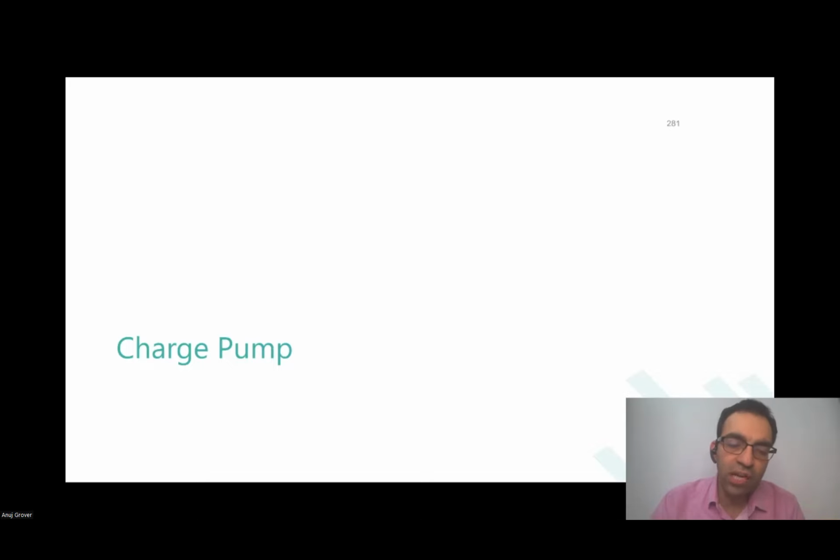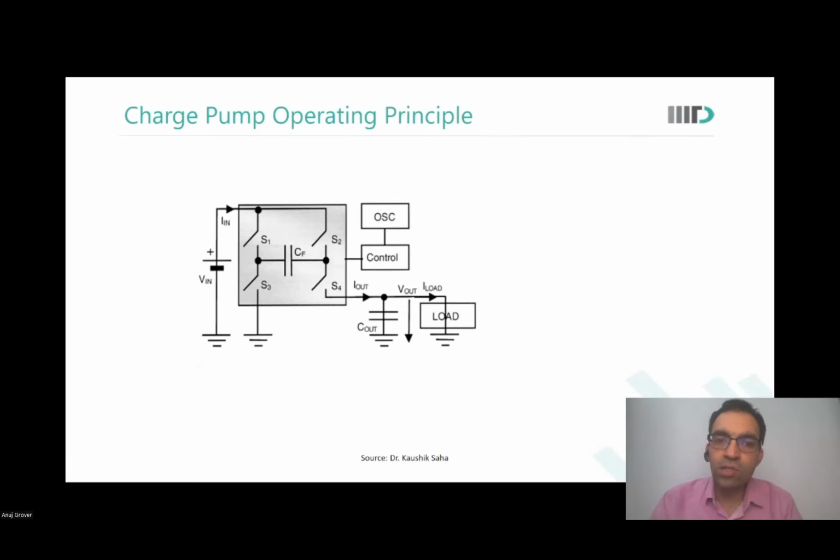The extra charge has pumped up the voltage. So this is how it would appear. There is a capacitor, there is another capacitor, and it is the interplay of these two capacitors that results in a V out which is higher than V in.